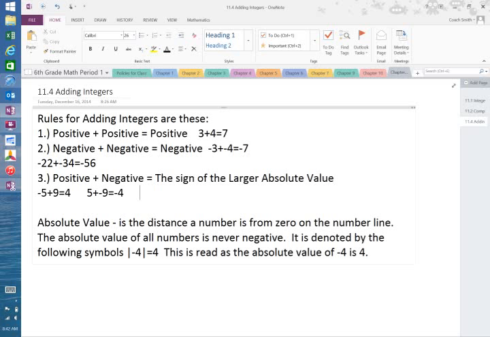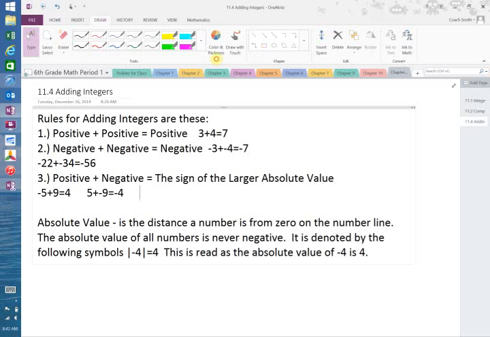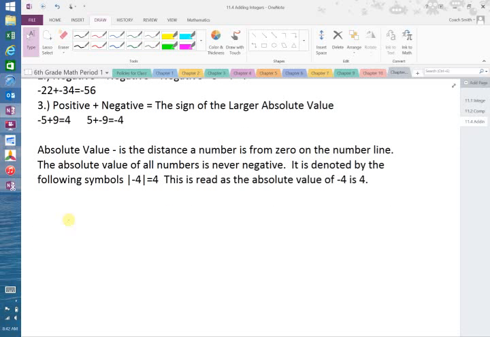Okay? Now, that brings us to what I want to spend the most time on today, which is adding and subtracting positives and negatives. All right, so let's look at the process of adding a positive and a negative. Let's say I have negative 12 plus 24.